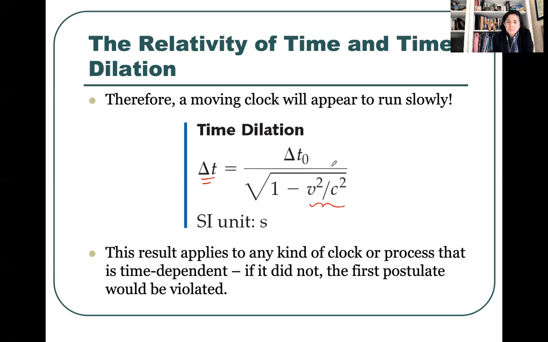And so that means that if we compare, the moving clock actually appears to run slower because the delta t that we measure is greater, the time interval is greater.